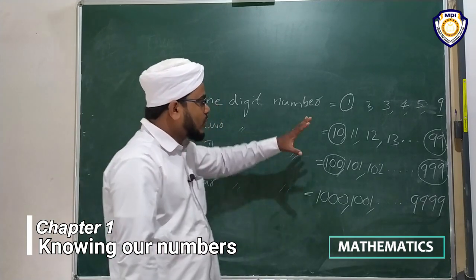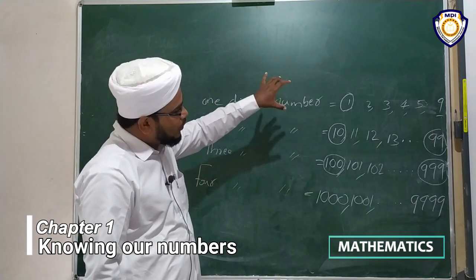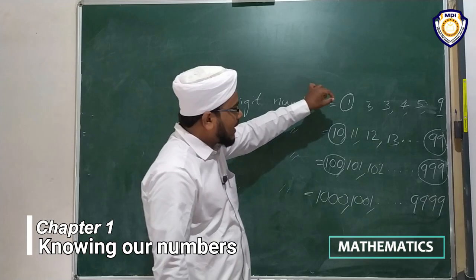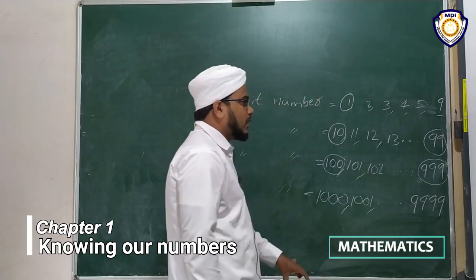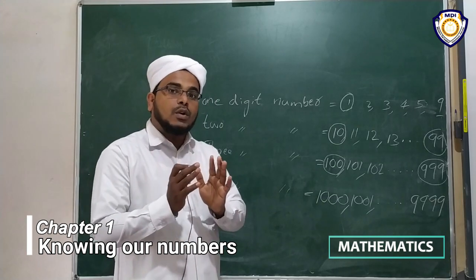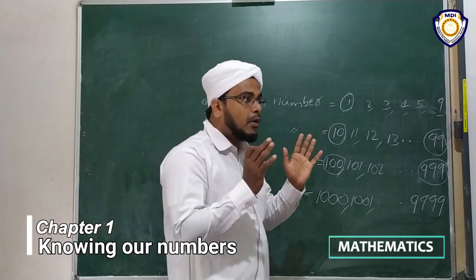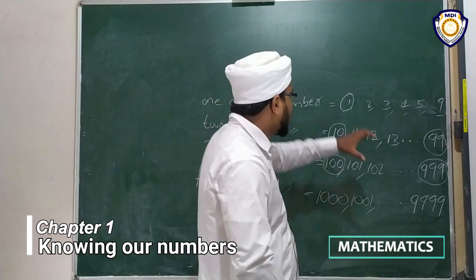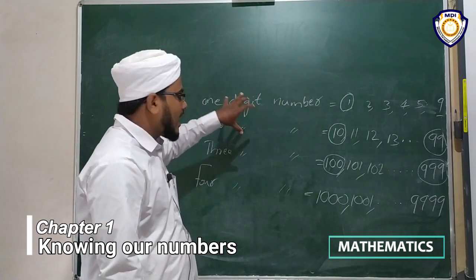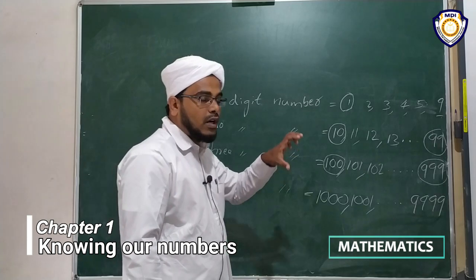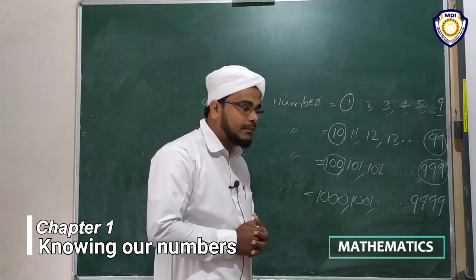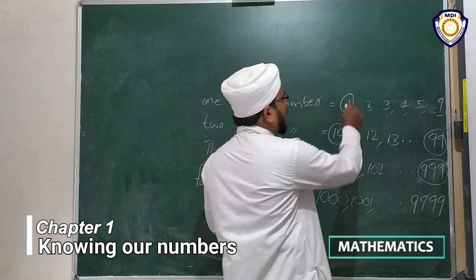Here, if you watch carefully and listen to this table, you will find one more important point related to the smallest and largest numbers using 1 digit or more digits. What did you understand?